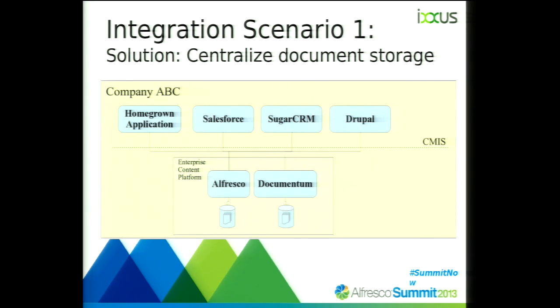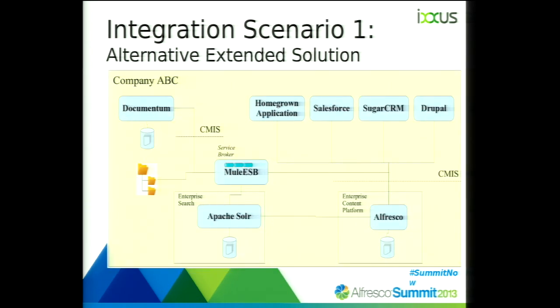In the beginning, you cannot just select Alfresco and throw everything else out. You're going to be stuck with Documentum, SharePoint, and other systems for a while. This is a good start. Then you can keep going and say, we're going to slowly migrate over to using Alfresco as our primary master source of all files, all content.